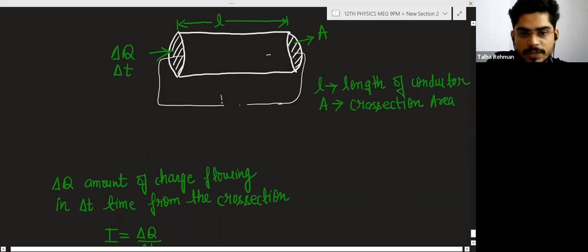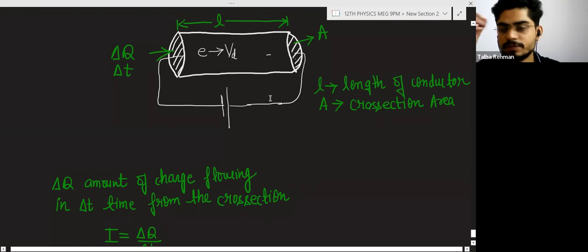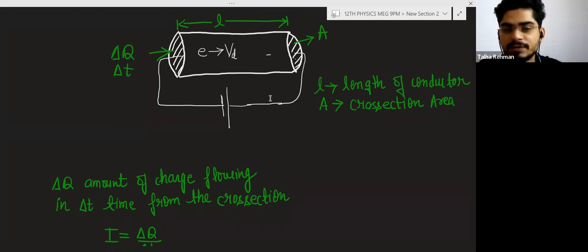This is the negative terminal, and this is the positive terminal of the battery, and the electrons move from negative to positive with the drift velocity. Velocity is equal to distance covered by the electron divided by the time taken. Speed is equal to distance upon time.